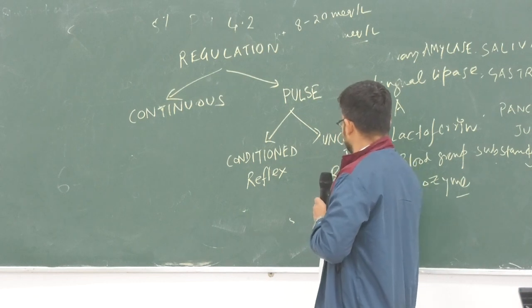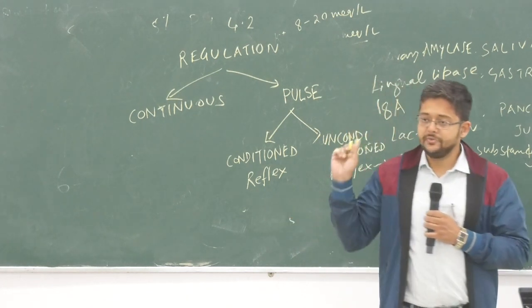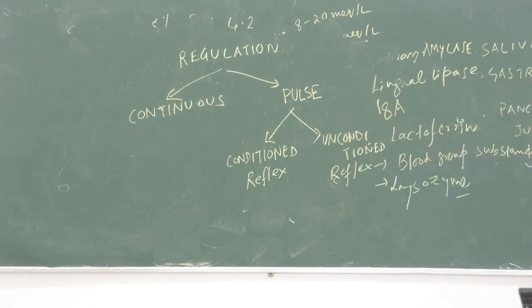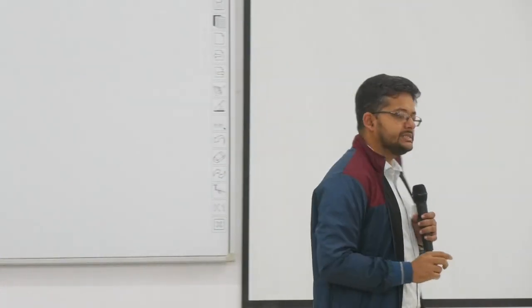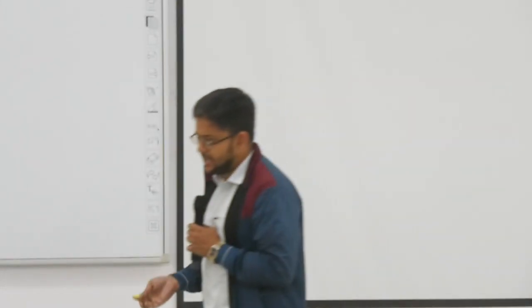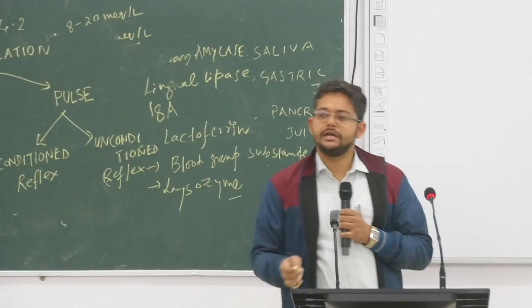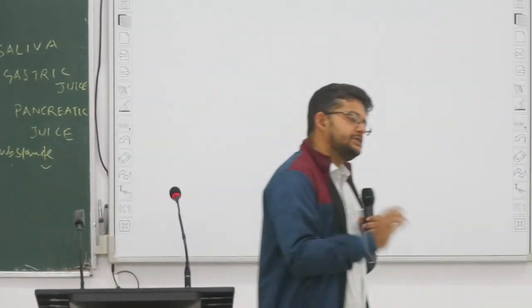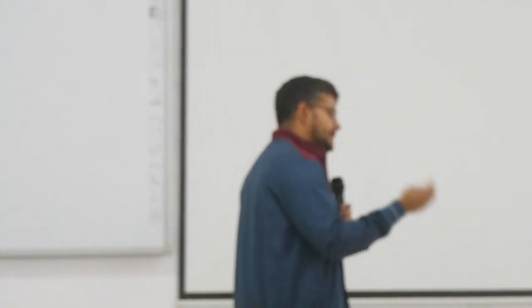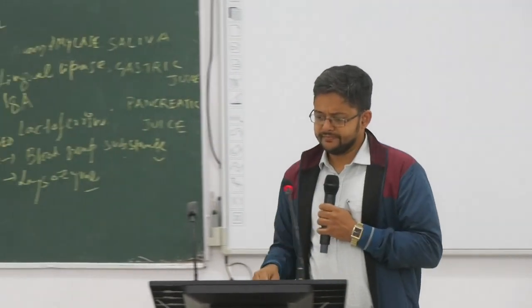Is it visible to you? One is continuous secretion, the other is reflexogenic or pulse secretion. In pulse secretion also there are two parts. One is conditioned reflex, the other is the unconditioned reflex or non-conditioned reflex. And I am going to explain.